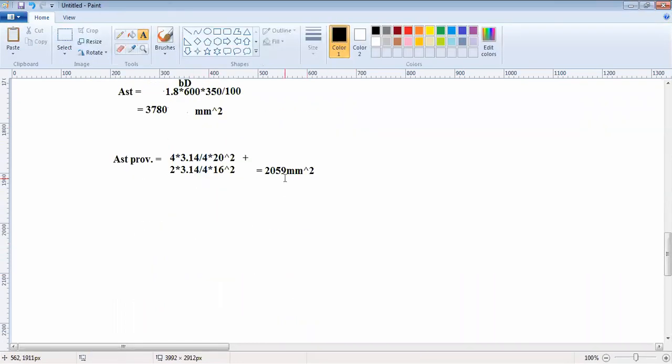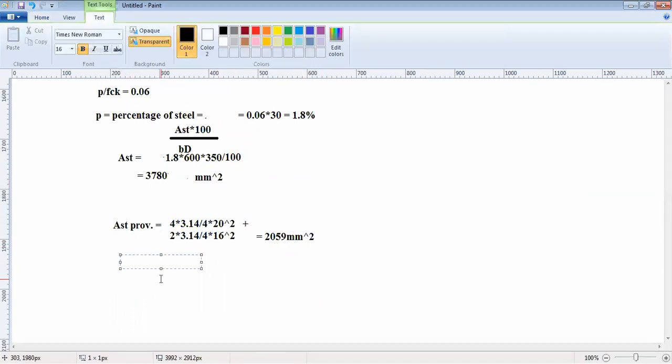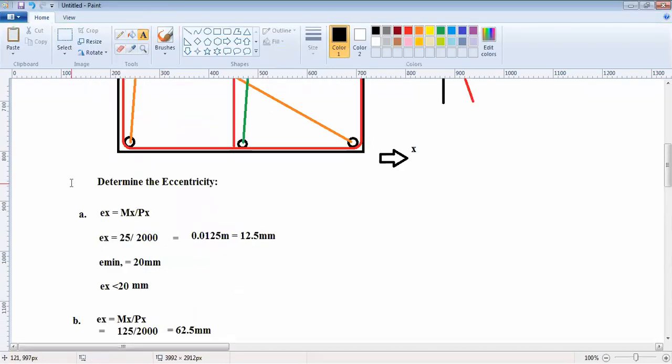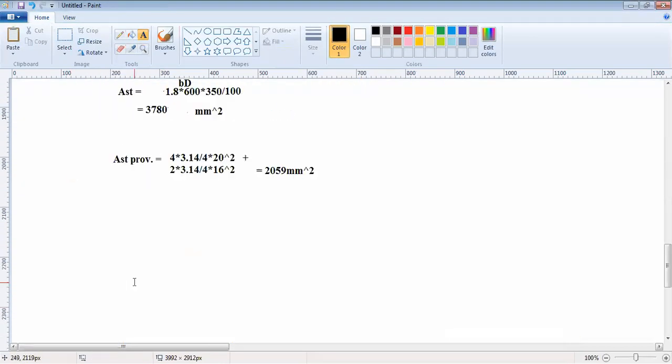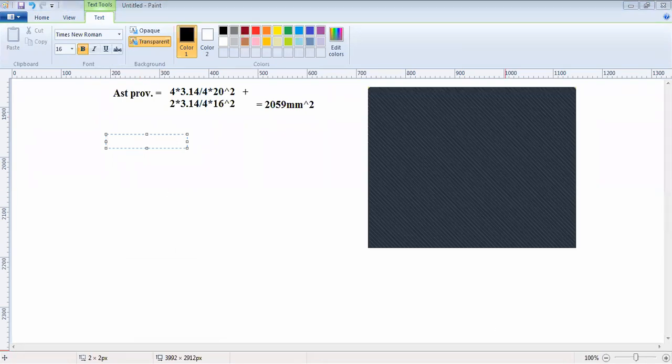But we have provided 2059. So for case 2, you need to again provide a better reinforcement, and that would be, for example, you can provide 25 mm bars.